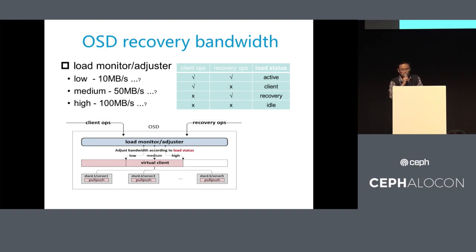Then we get four load states: active, that have both client OP and recovery OP; client, that have client OP only; recovery, that have recovery OP only; and idle, they have neither of them. So according to the load status, they select different recovery bandwidth levels. That's the lower, medium, and higher level.